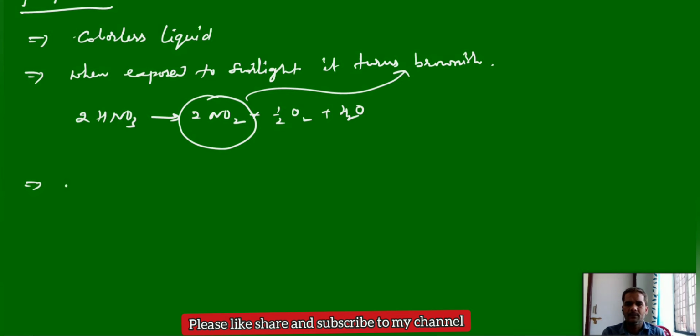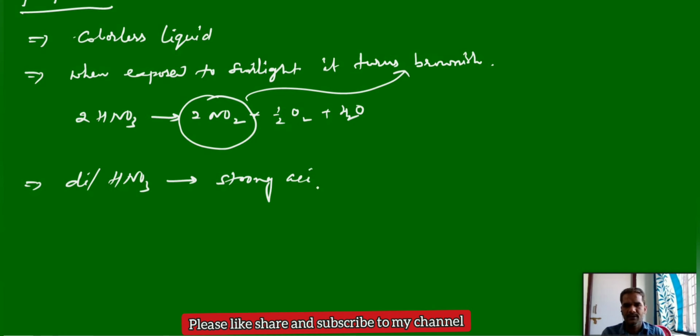And one more important point here, dilute nitric acid generally behaves as a strong acid. Anyhow, HNO3 is a strong acid, but apart from being an acid, it can act as an oxidizing agent also.